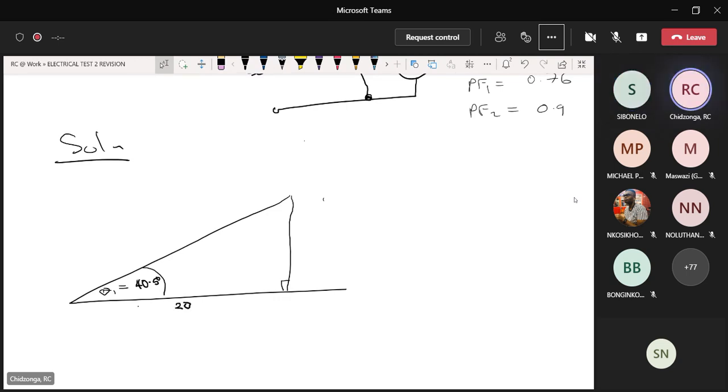Let's stay with kilowatts, right? So can you help me with Q1? Q1 divided by 20 is equal to tangent of 40.5.